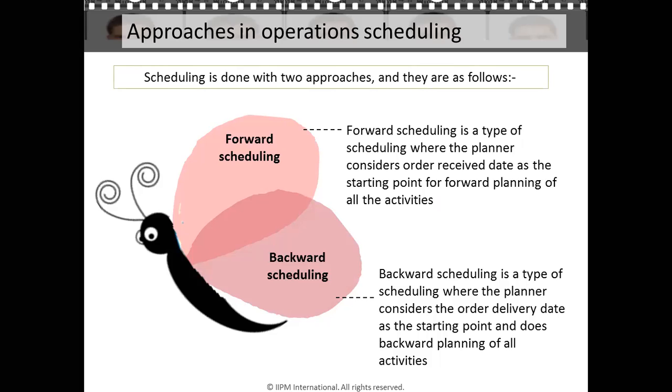Backward scheduling is a type of scheduling where the planner considers the order delivery date as the start point and does backward planning of all the activities. So forward considers the order received date for forward planning, while backward scheduling considers the delivery date as the starting point.